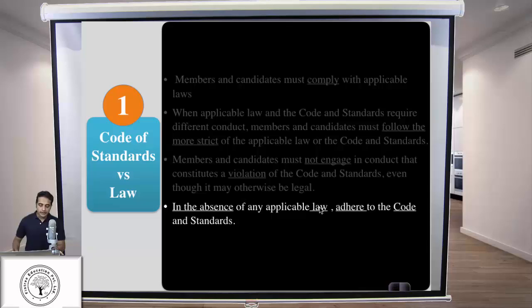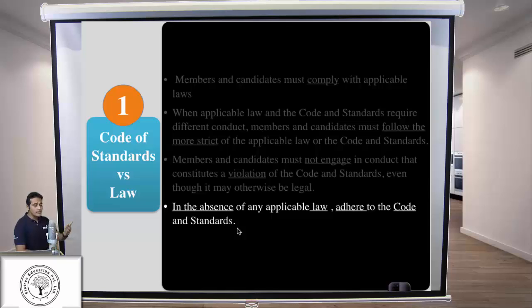In the absence of any law, simply stick to being in compliance with the code of standards. So if there are no laws at all, for example, in India, we do not have a very strict law on the disclosure of the performance of fund management. For example, I have a wealth advisory. My business is to take money from clients and then invest that on behalf of them. Now, how do you show my performance to my clients?